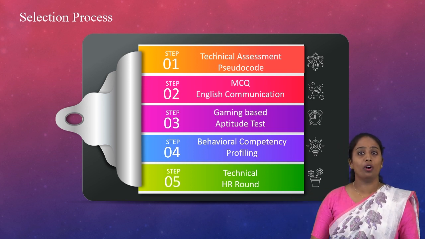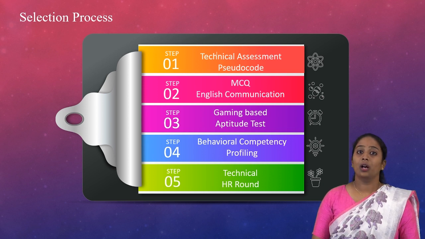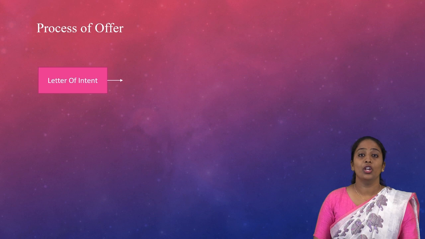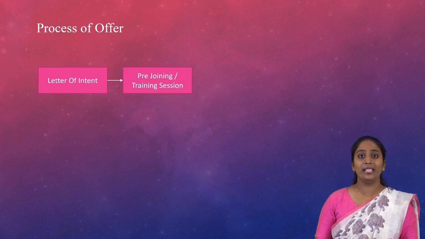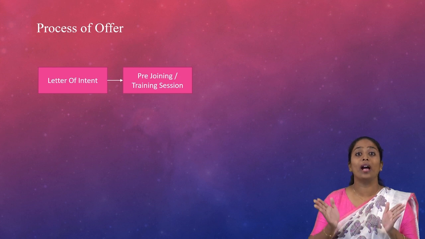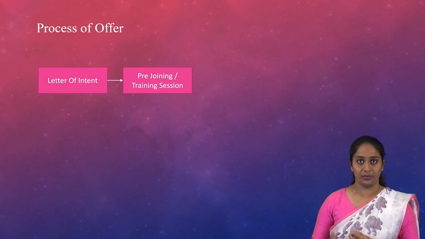Once you get an offer with Capgemini, here is the process. Once you receive the letter of intent, you have to go through the pre-joining training sessions. It means that Capgemini will provide you adapt sessions where you have to do assignments.